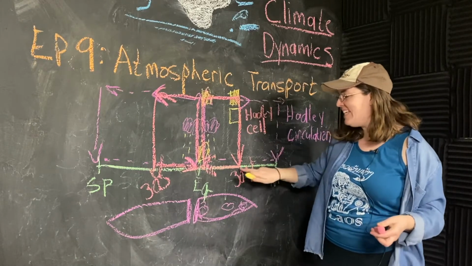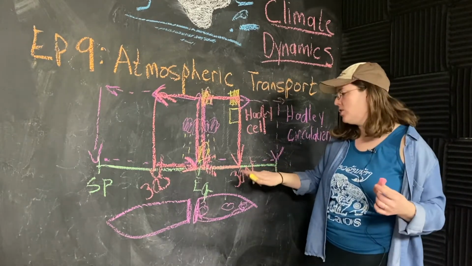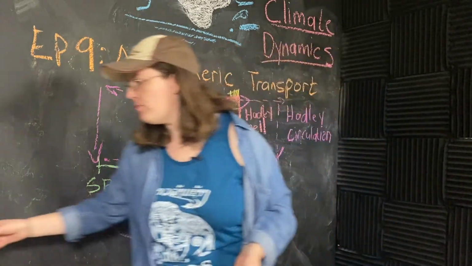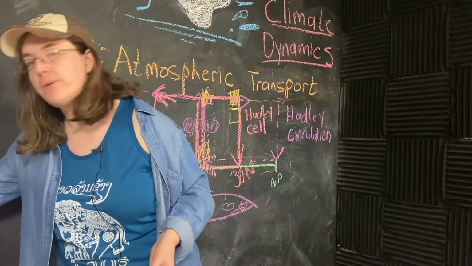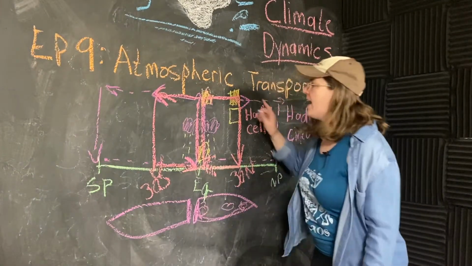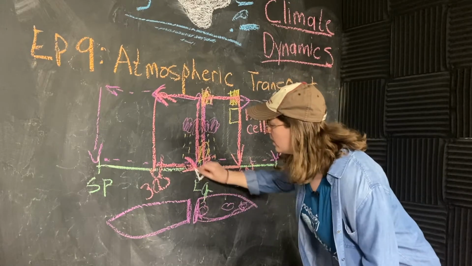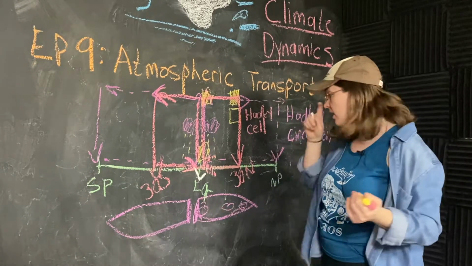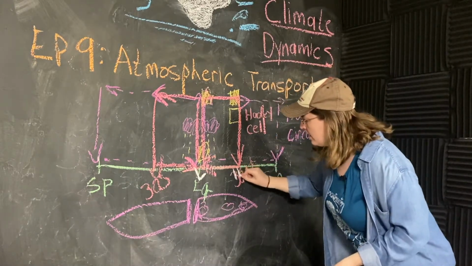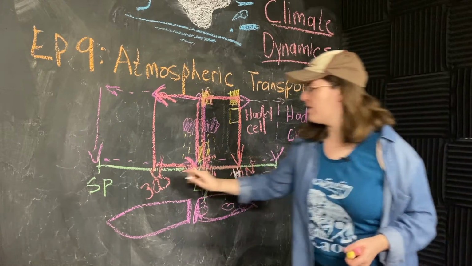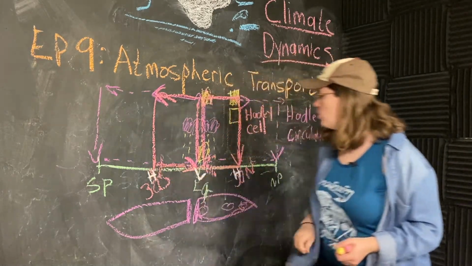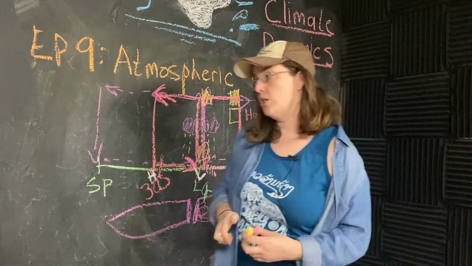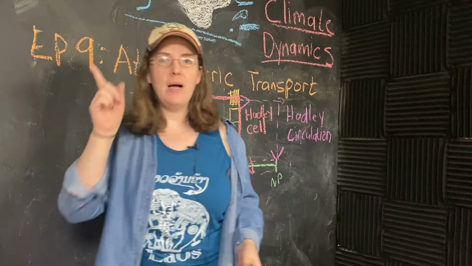But where we have descending air, this is associated with high surface pressure and very little precipitation. I have a surface low pressure here. Low pressure is generally associated with precipitation, with big cloud systems and rain. And I have a surface high here around 30 north and 30 south. So we would get not a lot of clouds, not a lot of moisture, not a lot of precipitation.